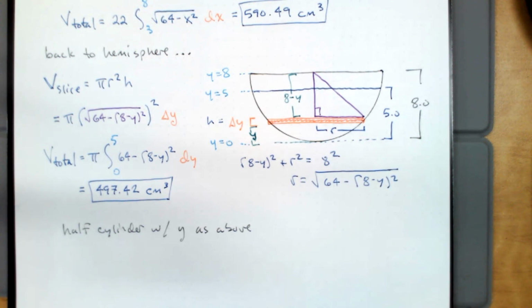Calculate the half cylinder, but define it with y instead of x, using the same y. And then do both with a different variable.